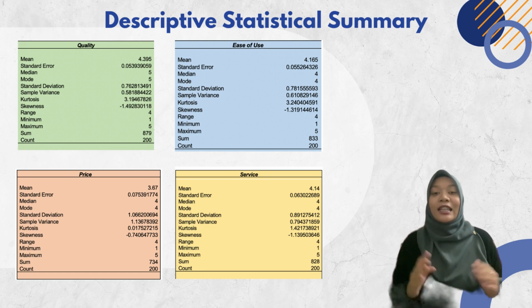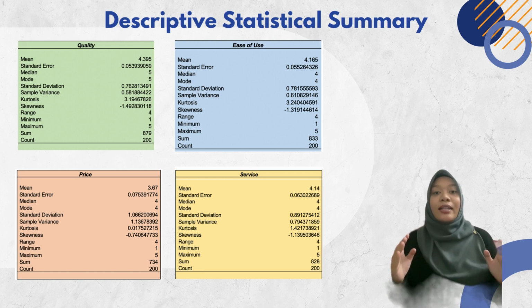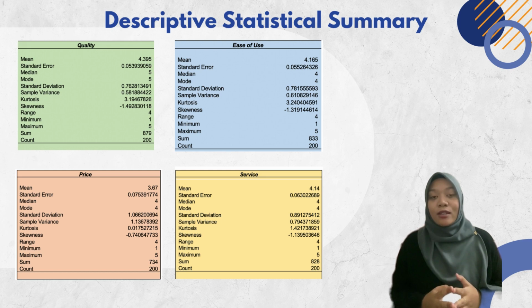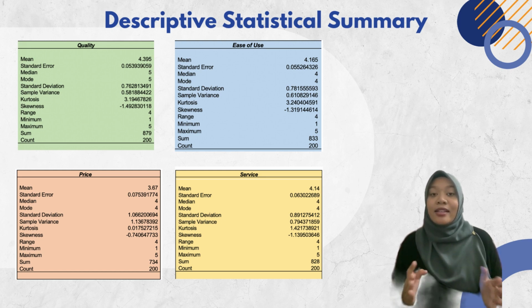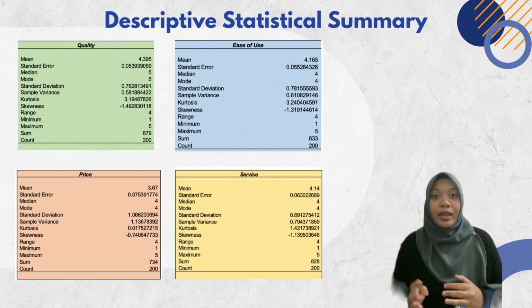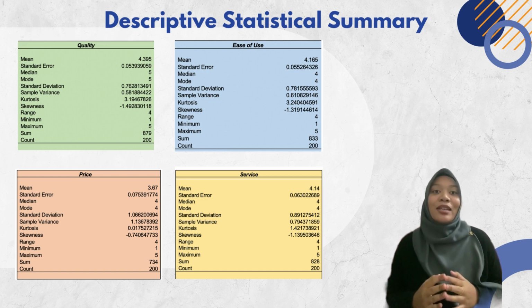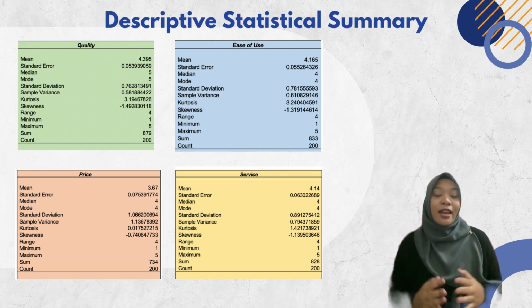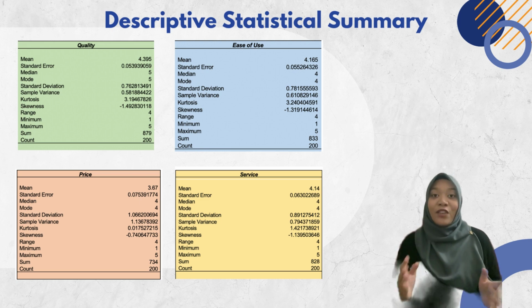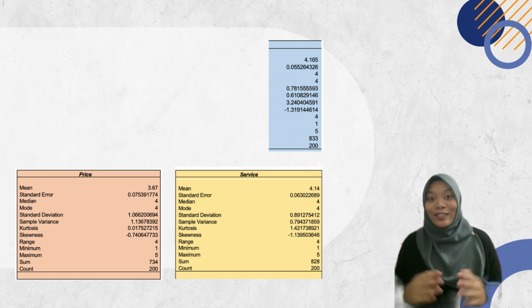Next, the data also shows that the median for each of ease of use, price, and service has the same value, which is 4, and was different from quality, which is 5. The median is the middle value in a data set when the observations are arranged in ascending order.